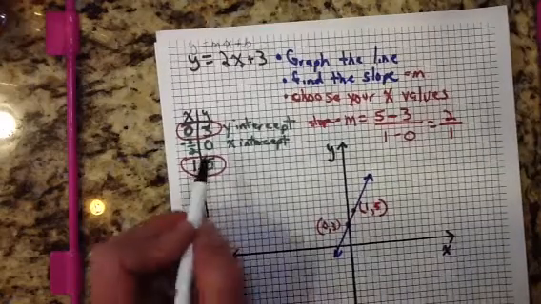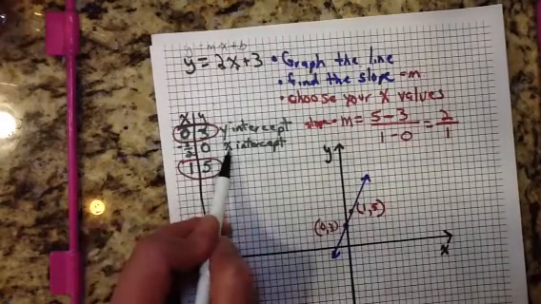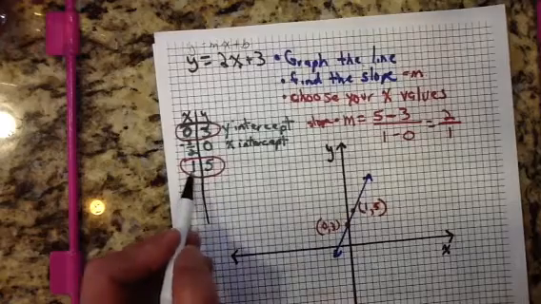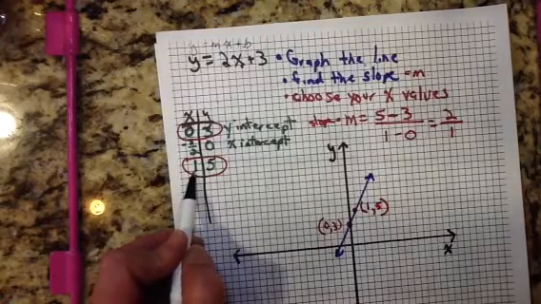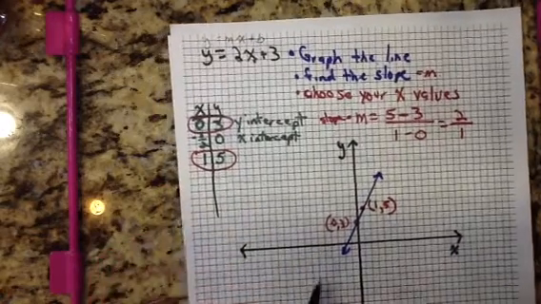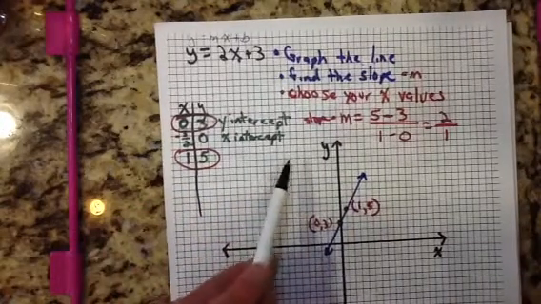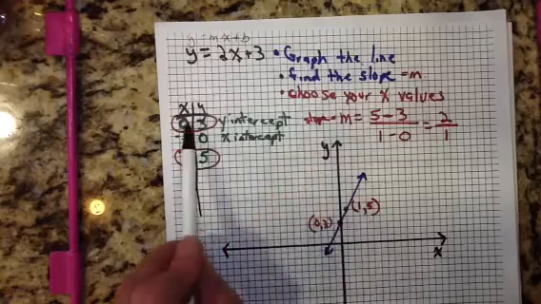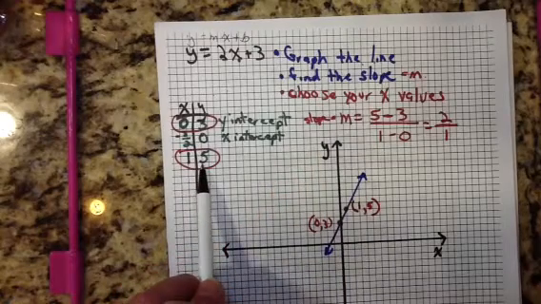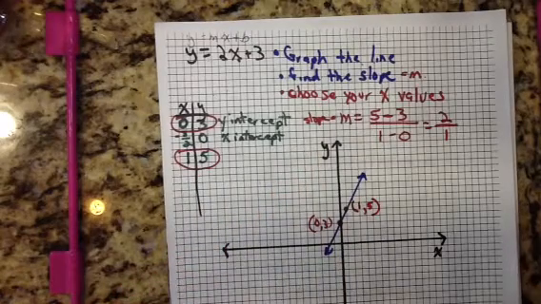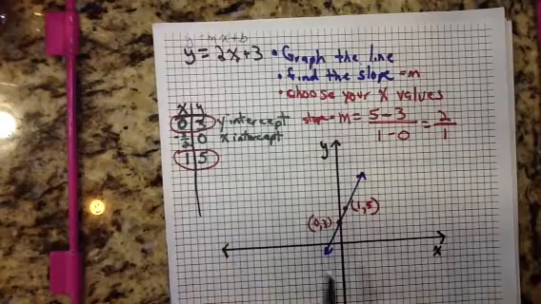So I chose to find my y-intercept, my x-intercept, and then I just kind of randomly picked another value for x and found y. I always recommend, when you have a problem like this, in order to graph a line, you need at least 2 points, but I recommend doing 3 because it checks your accuracy.